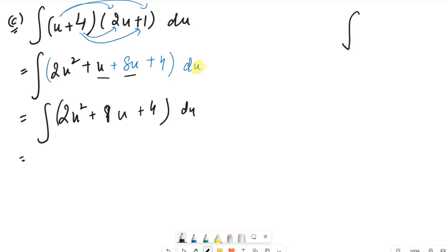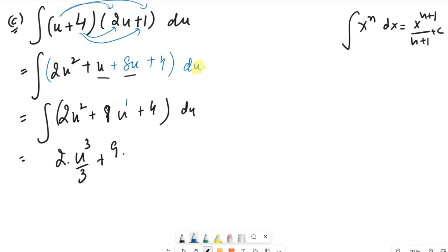Again, the formula used if you are integrating with respect to x was power add 1 divided by the new power. So 2 is just a constant multiplier. The integral of u squared would be u cubed by 3, plus 9 is a constant multiplier. There is no power of u here, that means it's just 1.